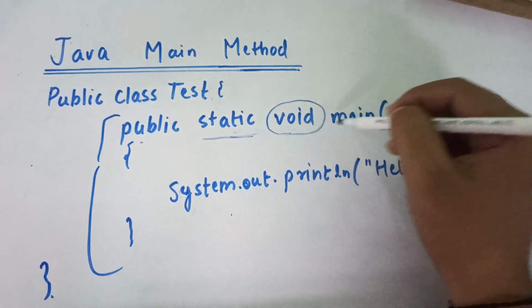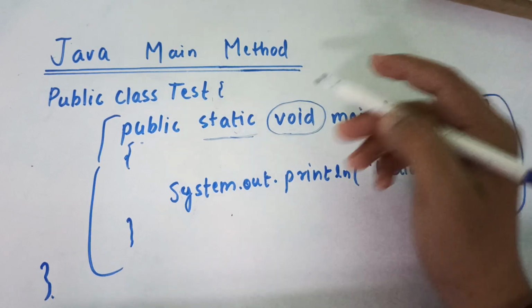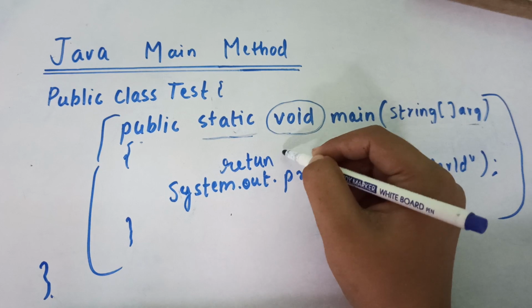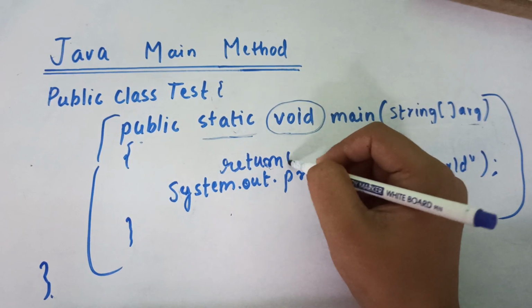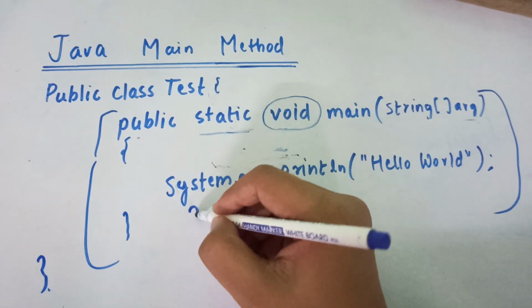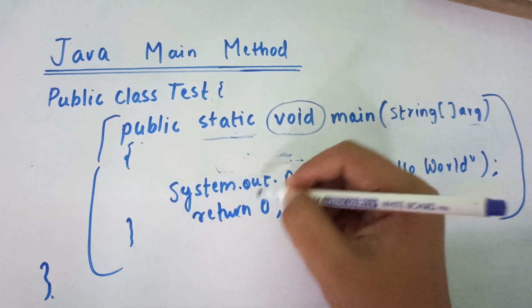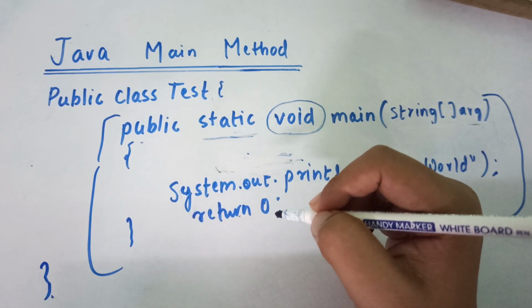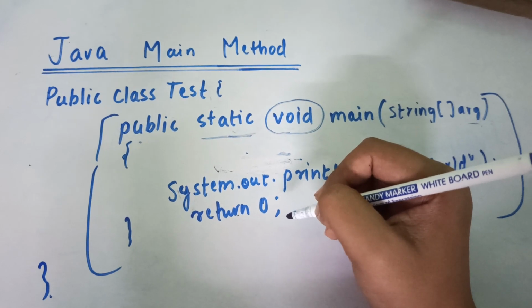Since the main method of a Java program does not return any value, if you write return 0 below and run this code, you will again face an error, because if you return any value in a void function, it won't allow it.